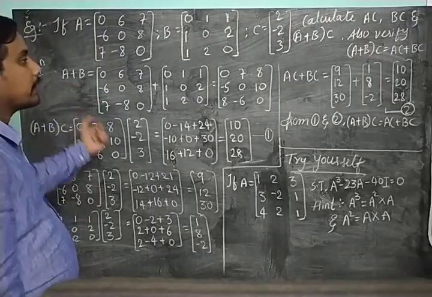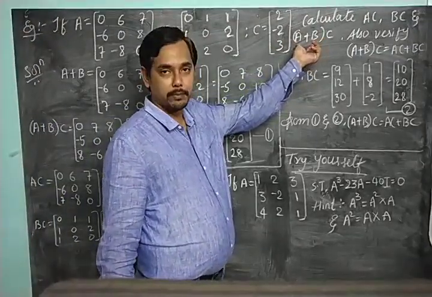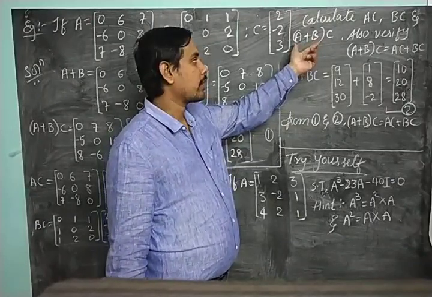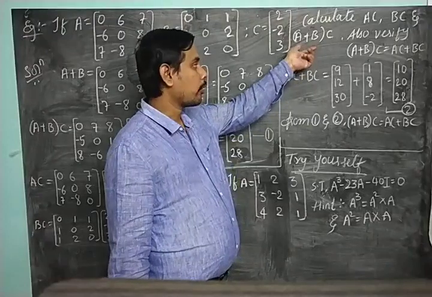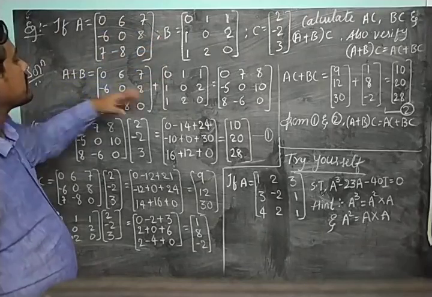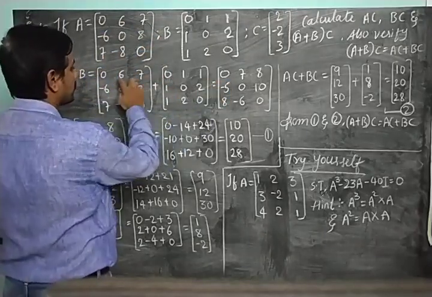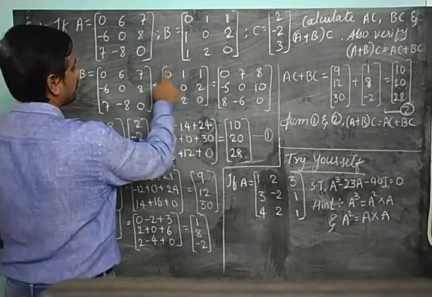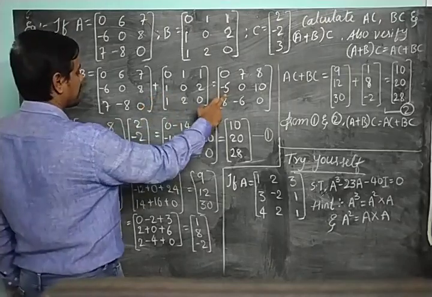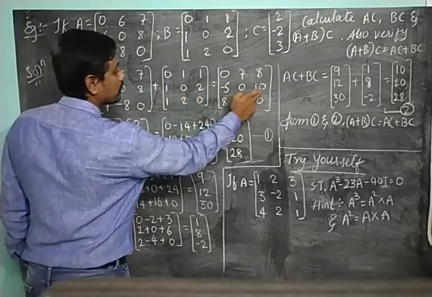If I want to calculate (A plus B) into C, first I need to calculate A plus B, because this is in the bracket, so first preference is given to the bracket. So according to the preference, I need to solve the values inside the bracket. So what is A plus B? A is given, B is given. If you add them, 0 plus 0, 0, 6 plus 1, 7, 7 plus 1, 8, minus 6 plus 1, minus 5, 0 plus 0, 0, 8 plus 2, 10.